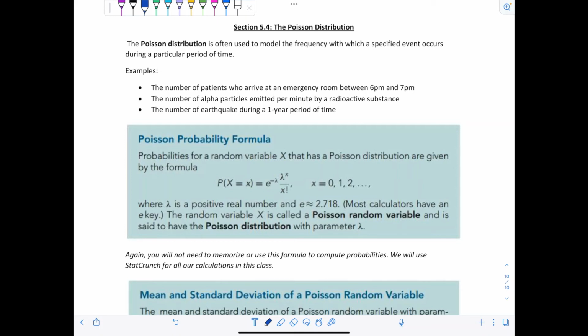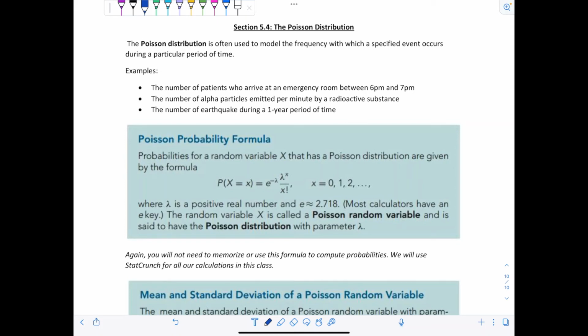What is this distribution when we are looking at it statistically speaking? It's used to model the frequency with which a specific event occurs during a particular period of time. Okay, so that's the difference. Time is also a factor.